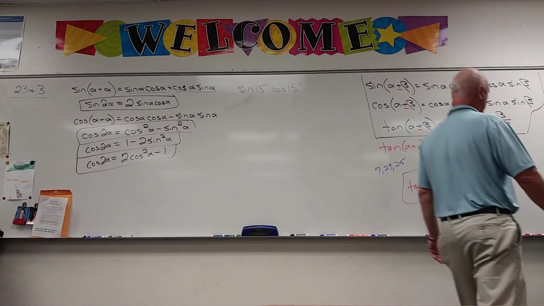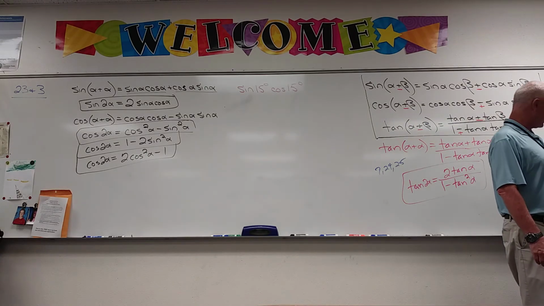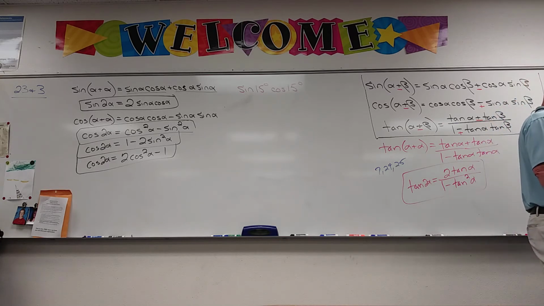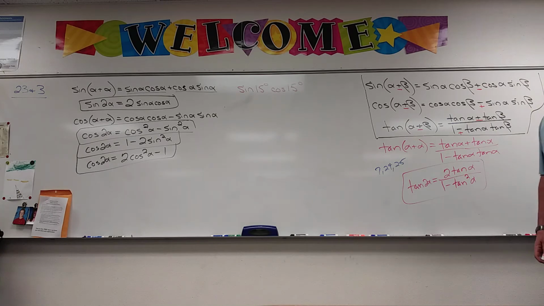The instructions on the problem say simplify each expression and evaluate the resulting expression exactly if possible. So you do sine of 60 minus 45 times cosine of 60 minus 45. I actually agree with you. What have we just been going over and learning?